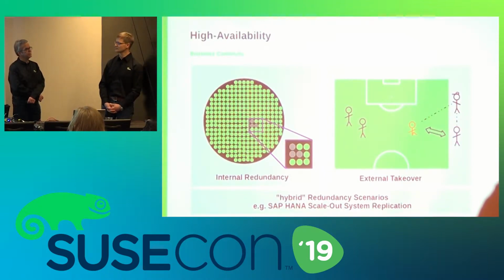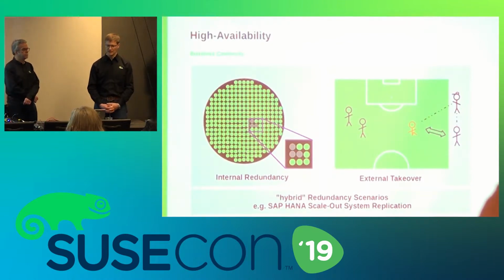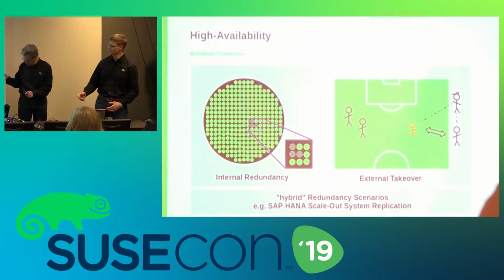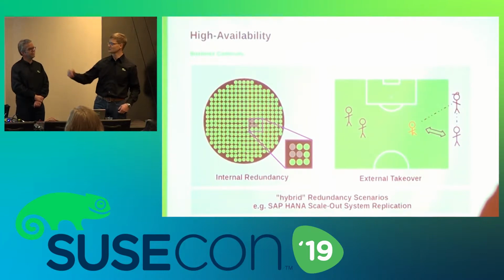On the right side, external takeover. This is a different mechanism. We try to find an example from real life to explain it a little bit. There should be a soccer field, and one of the team members was hurt. You have the trainer outside of the field and the standby player, and the trainer has to monitor his team all the time while it's playing.